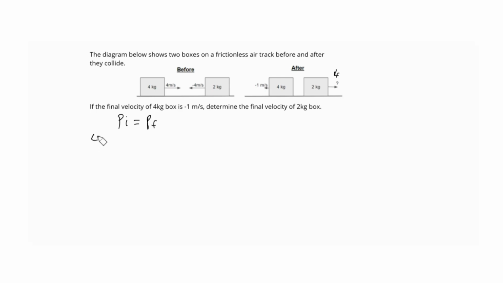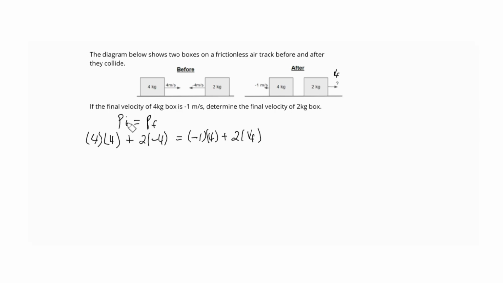And so I have 4 times 4 plus 2 times negative 4 is equal to negative 1 times 4 plus 2 times VF.